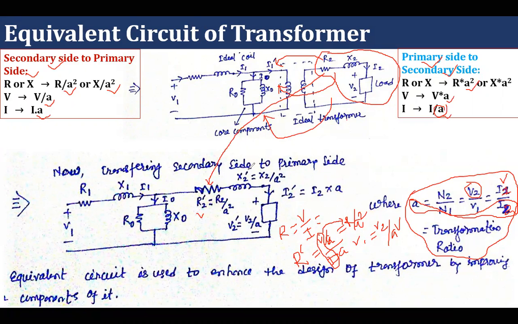Similarly, X2 dash is here, which is the primary equivalent of this secondary coil reactance, and its value will be X2 upon A square. This voltage V2 here will be V2 dash, and its value will be V2 upon A, and this current will be multiplied with A. So this is the final equivalent circuit.